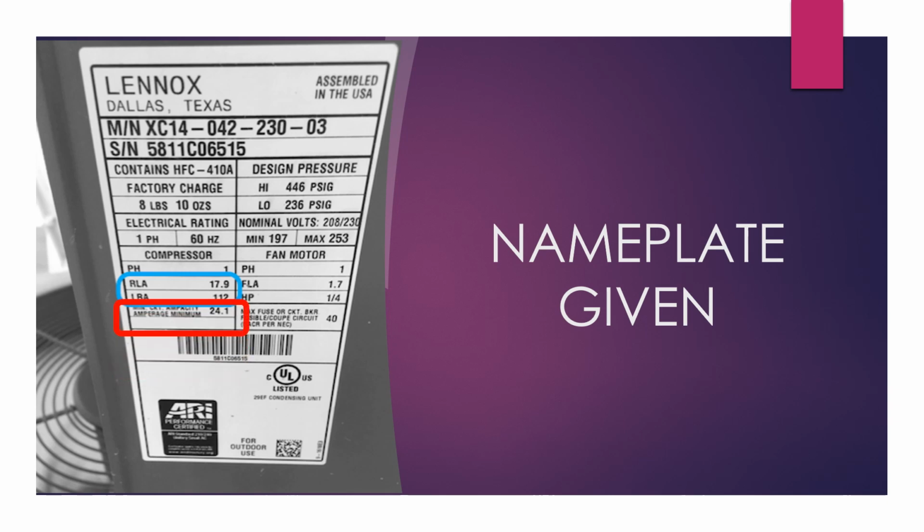Also, as you can see, this is the minimum circuit amperage, which is 24.1. This is the branch circuit selection current.